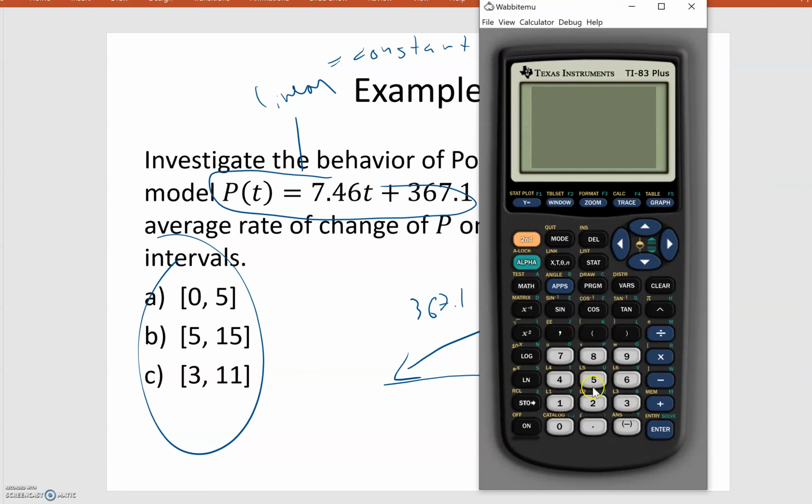So the way I'm going to do this is I'm going to do the numerator divided by the denominator. So my numerator is going to be vars, y-vars, function y1 of 5 minus vars, y-vars, function y1 of 0.